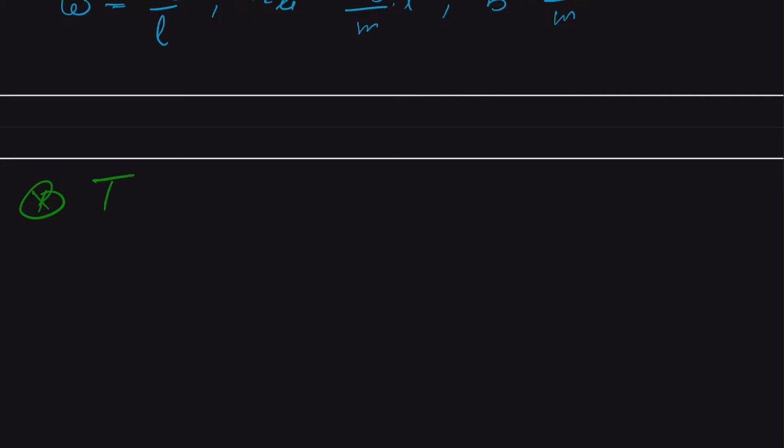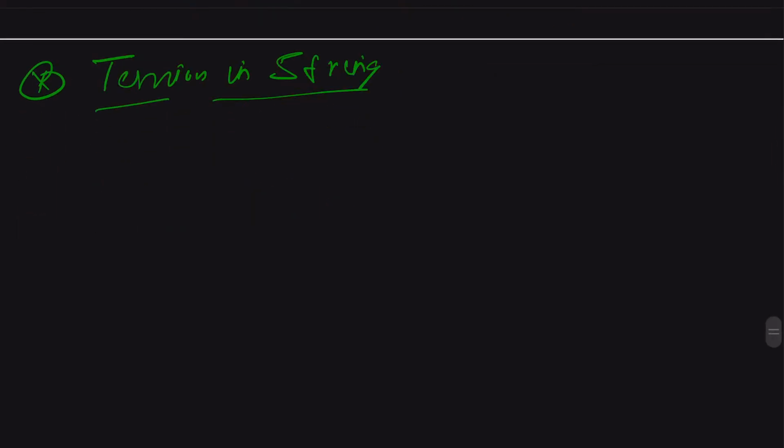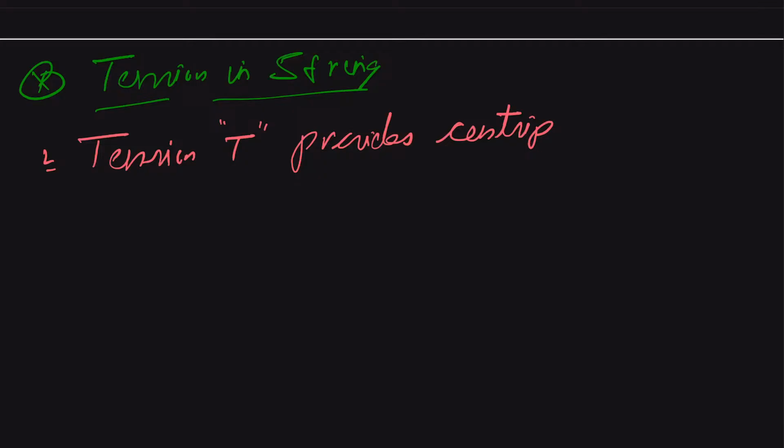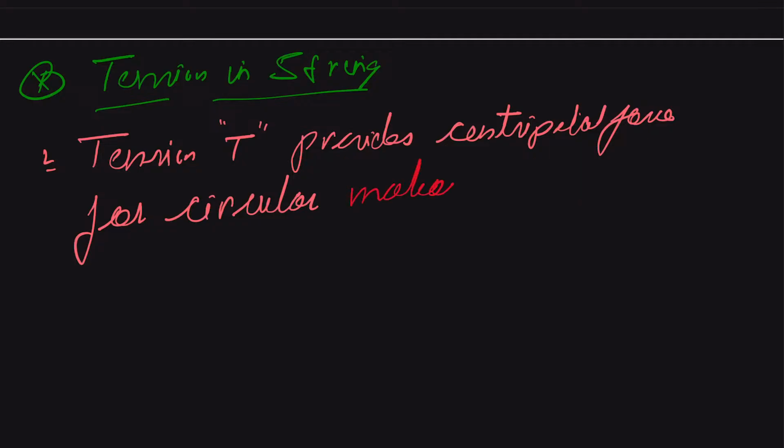So we can say tension T in the string provides centripetal force for circular motion in center of mass frame.